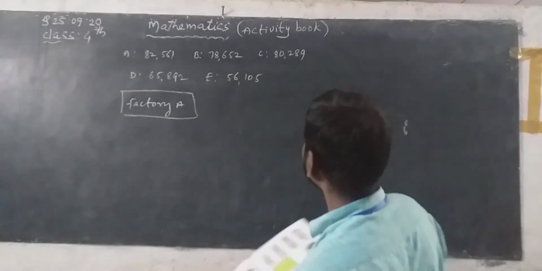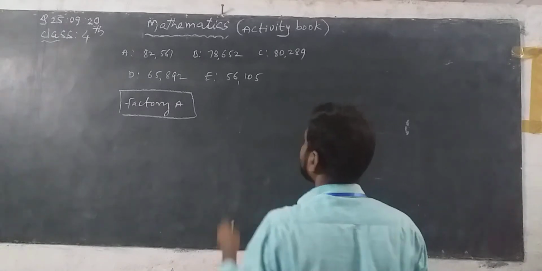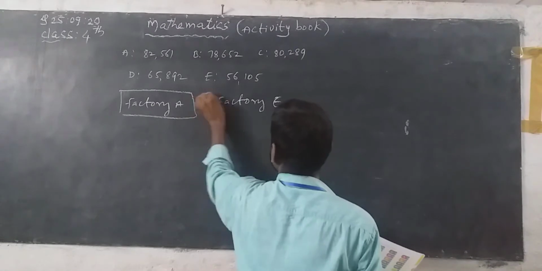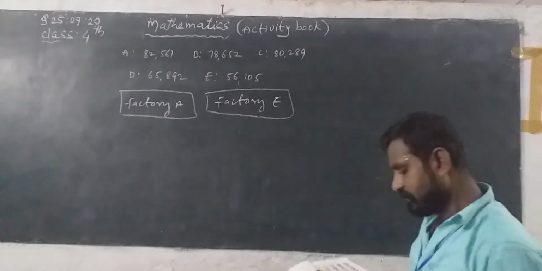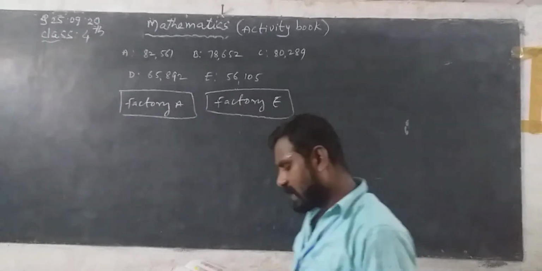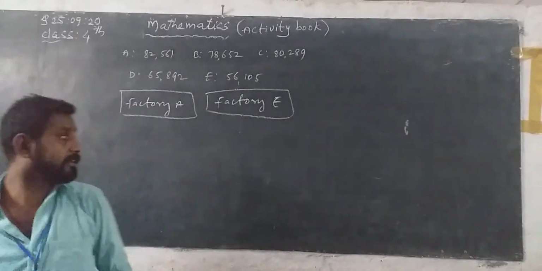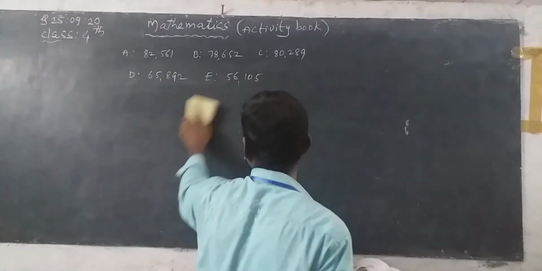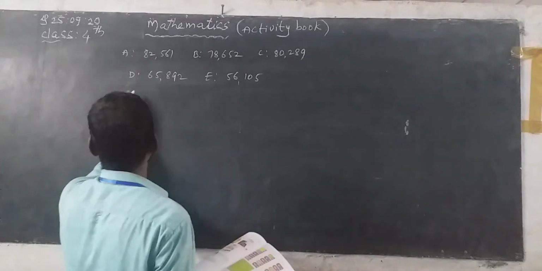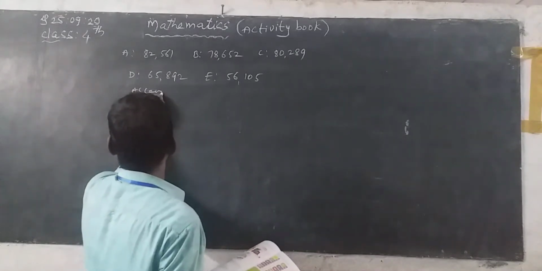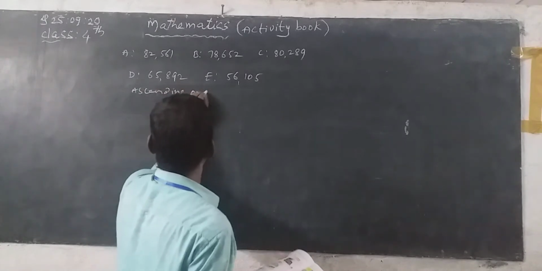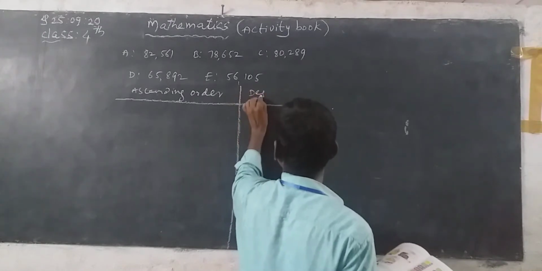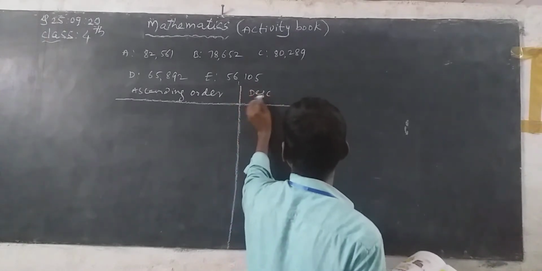See here, 56,105. Factory E. Next, put the names of the toys in ascending order based on the given data. This side ascending order and this side descending order. In your activity book only you can write.